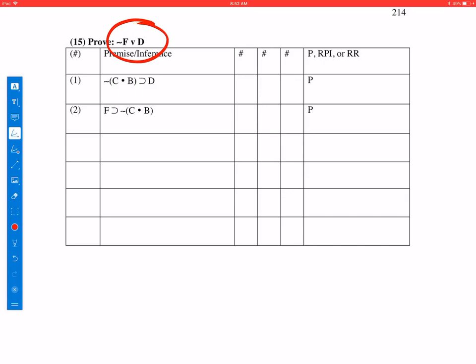Okay, here, prove not F or D. Don't see it. Don't see its opposite in an antecedent. I might write down one of its equivalents, and one of the things I can do is change an or to a then, in which case it would be F then D. Now I begin to see how I'm going to solve the problem.